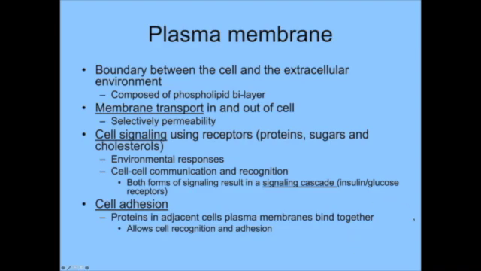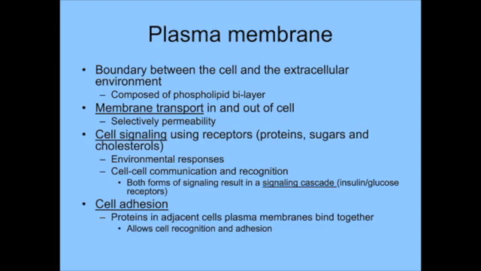Now let's talk about the plasma membrane. The cell membrane itself is the boundary between everything inside of the cell and the extracellular environment. So it's very important that it has some strength and integrity, and that it's very careful about what it lets come across. It's composed of a phospholipid bilayer, and we learned in Unit 1 that a phospholipid is a glycerol molecule with a phosphate and 2 fatty acid chains.